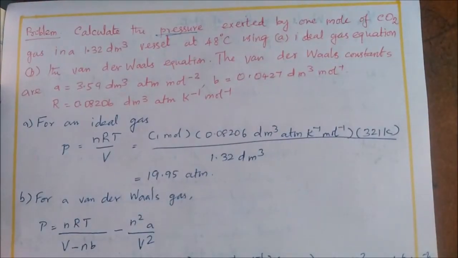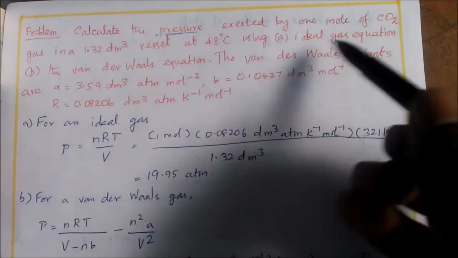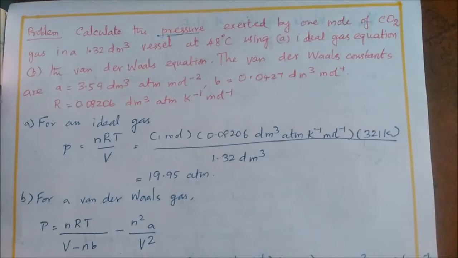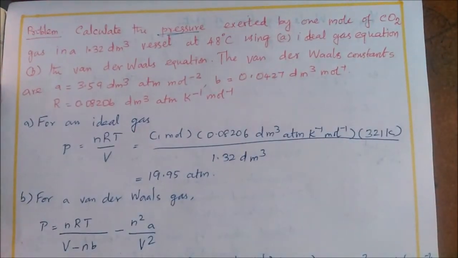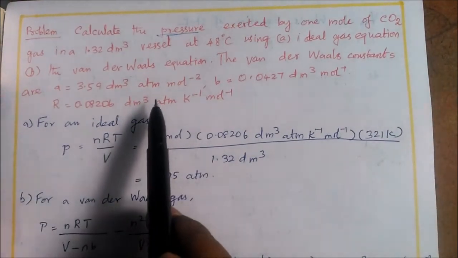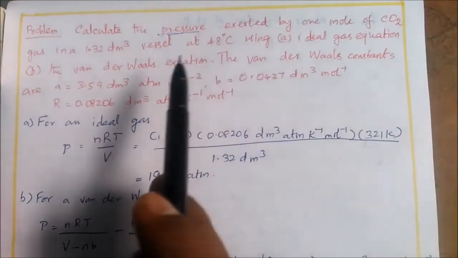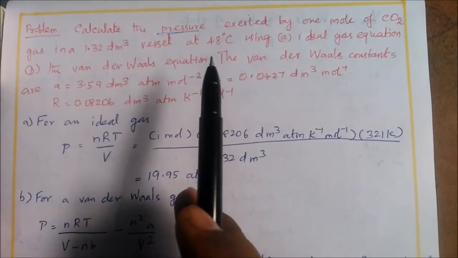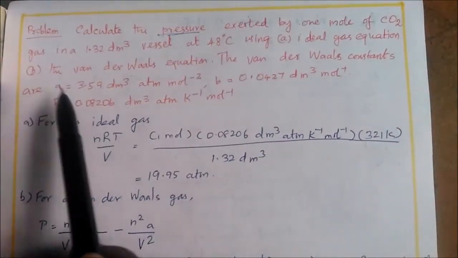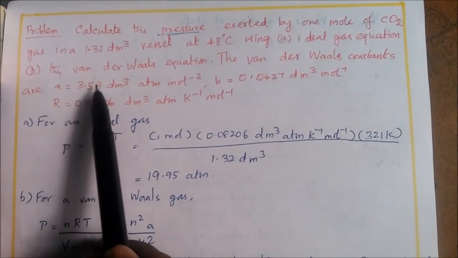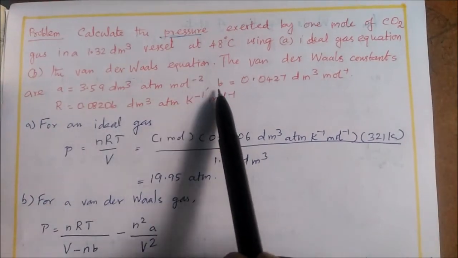Since they are asking using both the equations, we should know certain factors. When we go for the van der Waals equation, we should know the van der Waals constants A and B, and when we are using both the gaseous laws, you should know the gas constant value R. Here the van der Waals gas constant A is equal to 3.59 decimeter cube atm mole power minus 2.